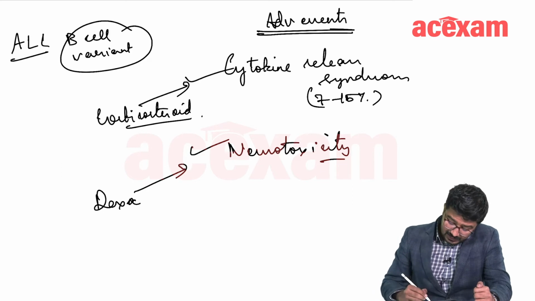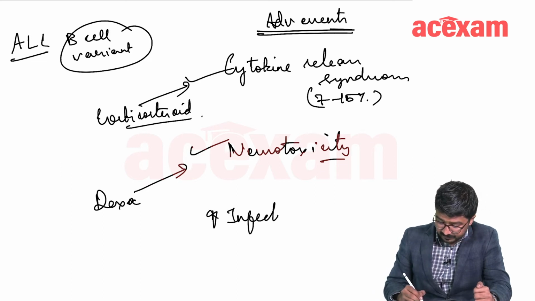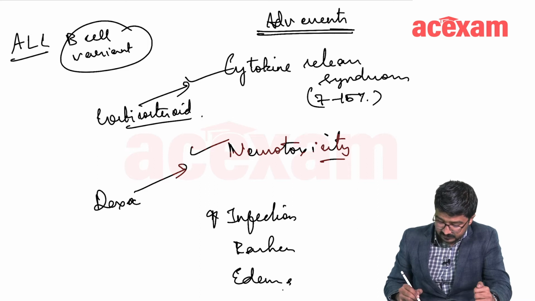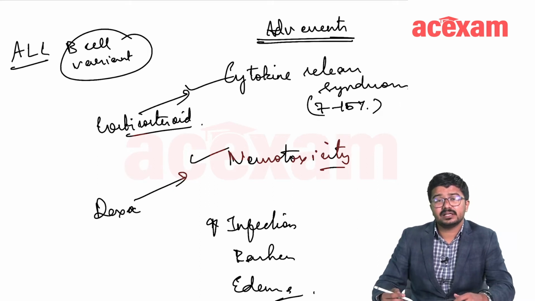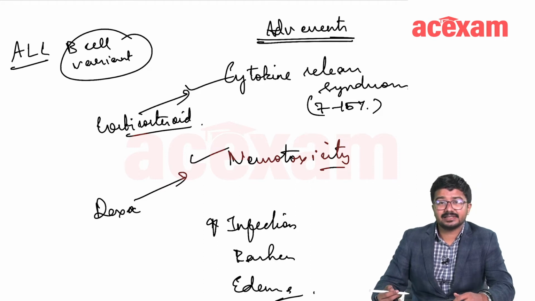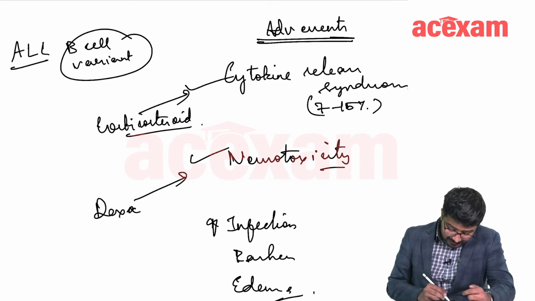In addition to that, it can also increase the rate of infection. It can cause rashes. It can cause edema, to name a few. Okay. Now, are there any other drugs which are approved under this category? No, blinatumomab is the only drug. But we have one more drug which is upcoming now in the trials. Let's have a note of the name alone.